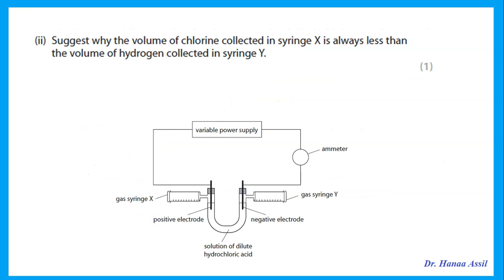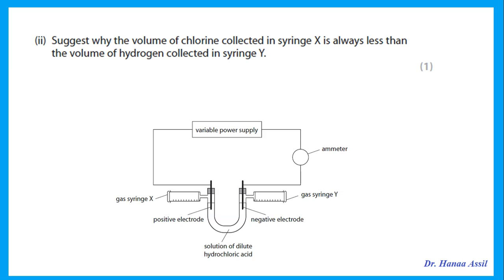Now, why is the volume of chlorine in X always less than in Y? We already said that the volume of chlorine should be the same as the volume of hydrogen, so the volume of gas in X should be the same as the volume of gas in Y. But the question asks why the volume of chlorine in X is always less than Y. It's supposed to be the same, but it's always less. Now, why is that?